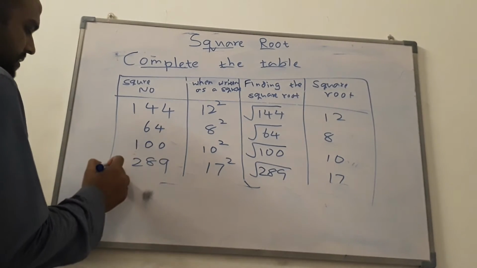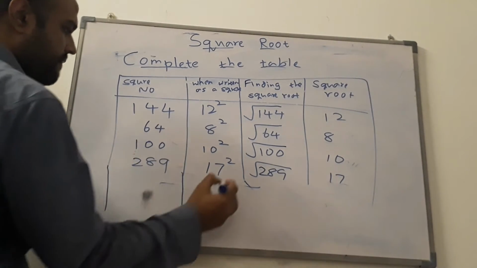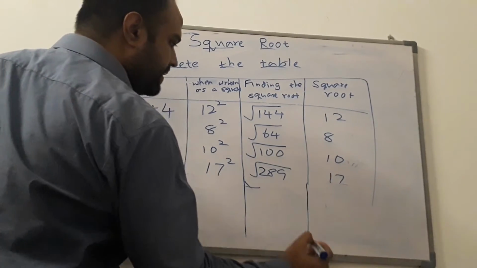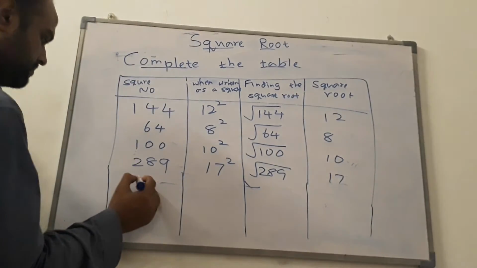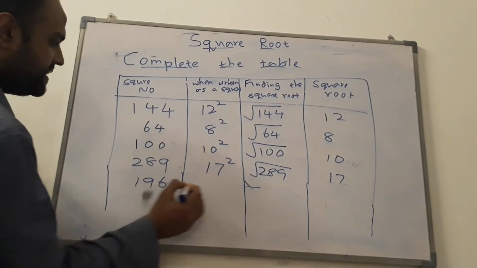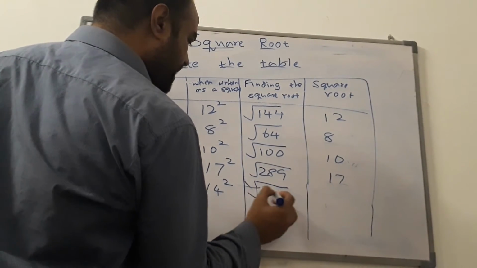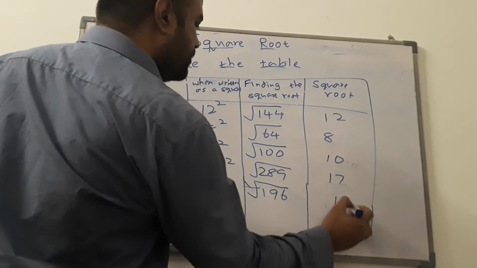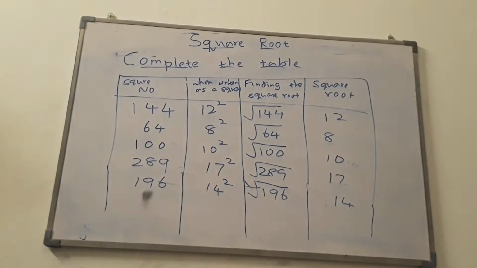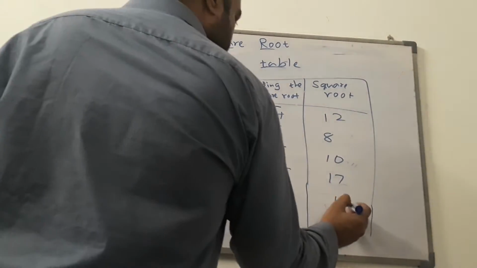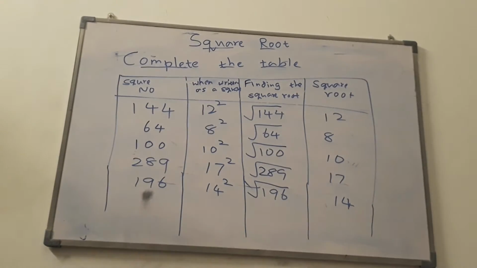Suppose a sum like 196. 196 means 14 squared. So square root of 196 means 14. Keep this pattern in your mind.